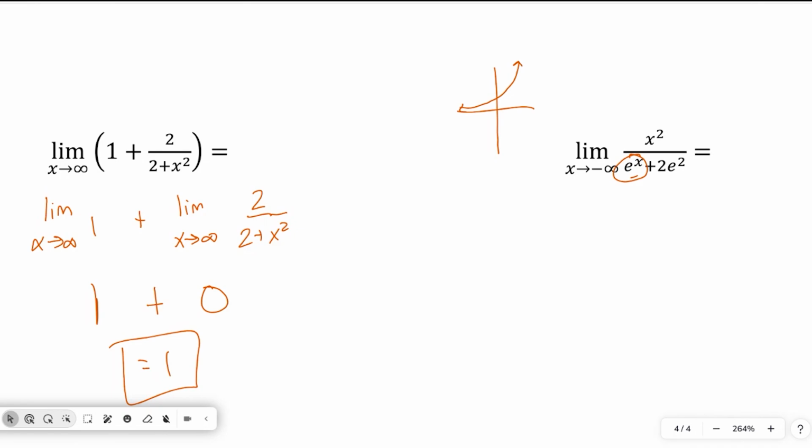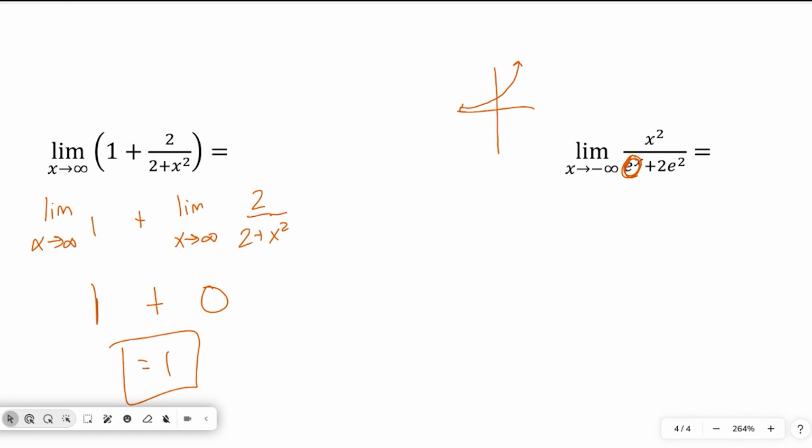As x goes to infinity, y is going to infinity. But as x goes to negative infinity, what is that getting closer to? 0. So in fact, as x goes to negative infinity, this is kind of a trick question here, this term is actually going to 0. It is no longer the fastest growing term because it's going to 0. And so the actual fastest growing term is going to be this x squared.